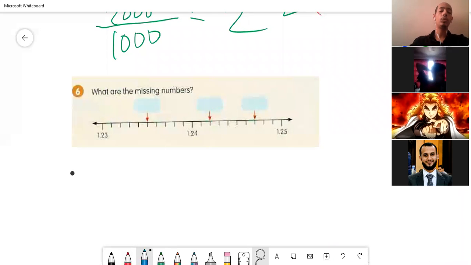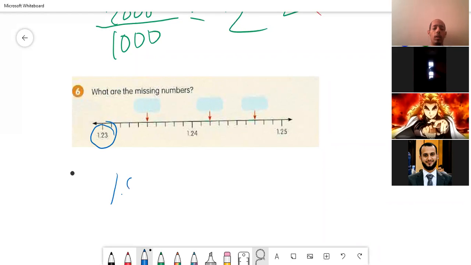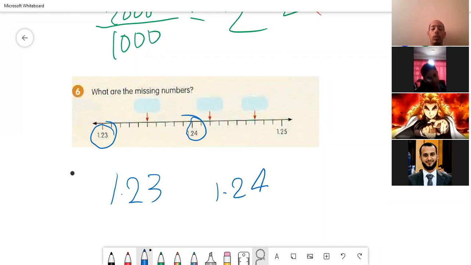This is how to deal with these kinds of sequences or number lines. What is the number here? 1.23. And here, 1.24. What is the difference between them? 0.01.